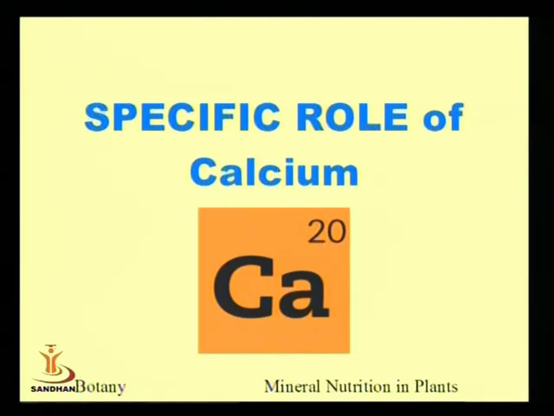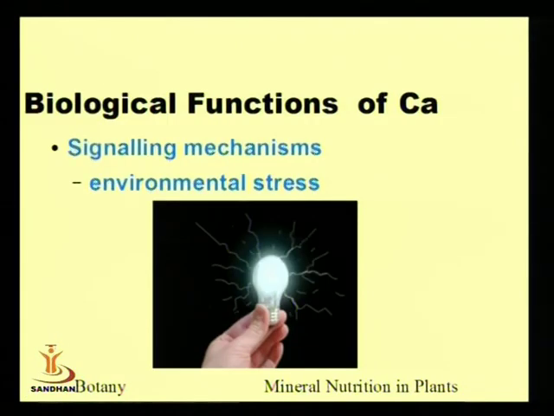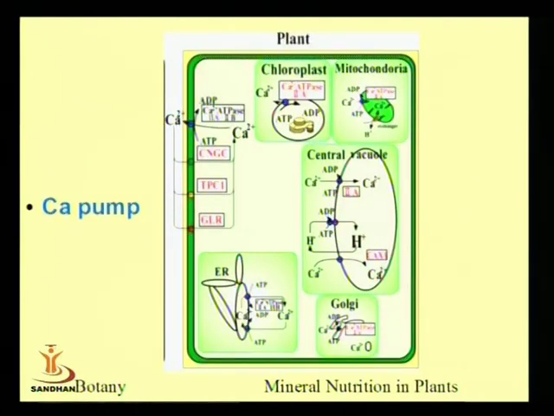The next we are moving toward is calcium. Now our body of course requires calcium, but in plants it is used as a signaling mechanism of environmental stress. When environmental stress is there, immediately the signals will be given by calcium, and this signal will help the plant in various ways.